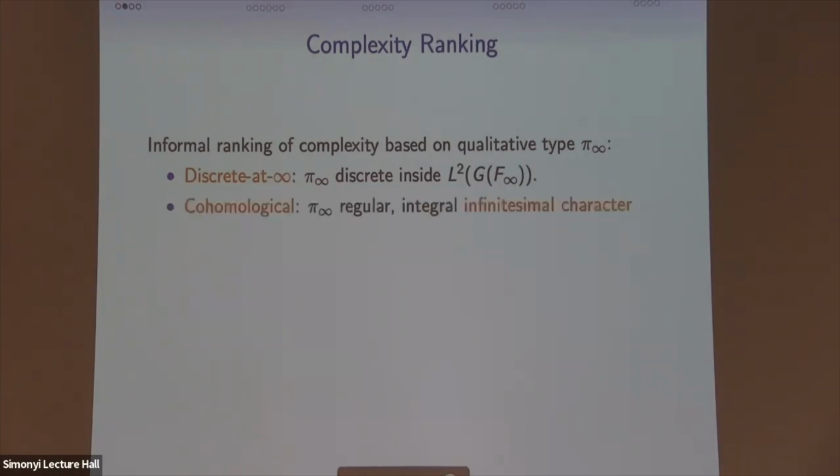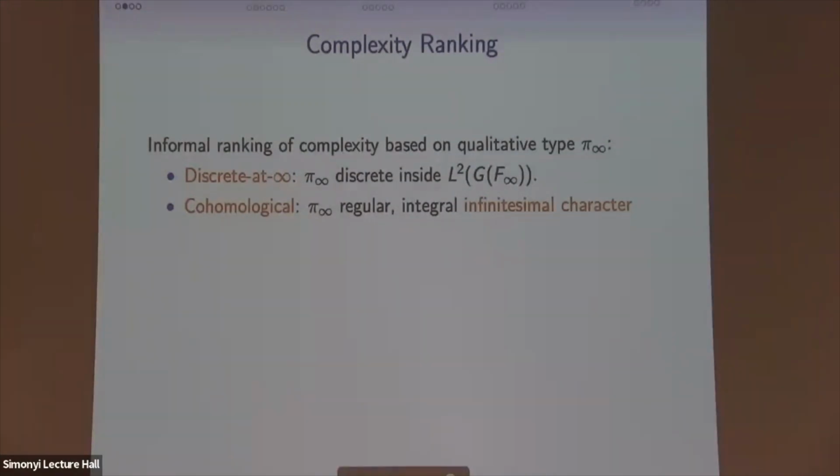The next level of complexity is cohomological automorphic representations. Representations of the real group have an invariant attached to them called their infinitesimal character. The cohomological ones are the ones that have the simplest possible infinitesimal character, the one that matches that of a finite dimensional representation.